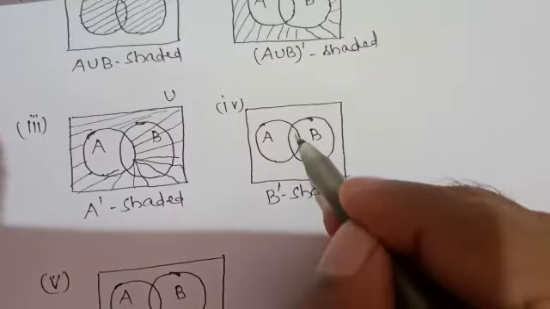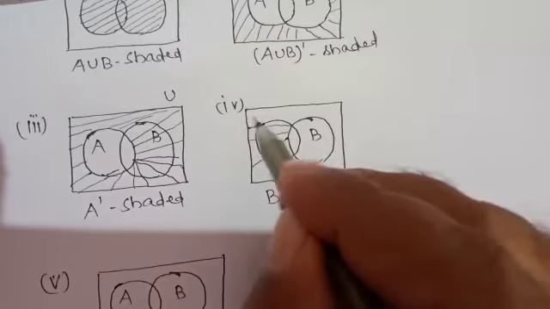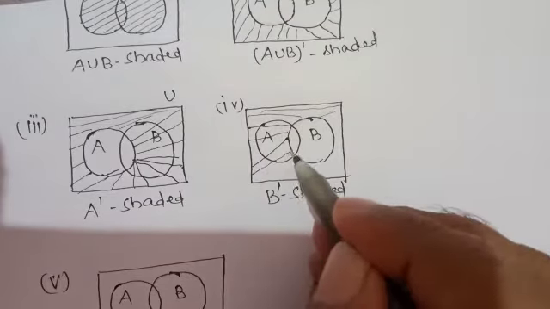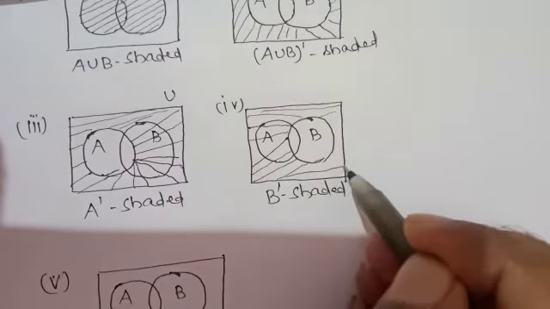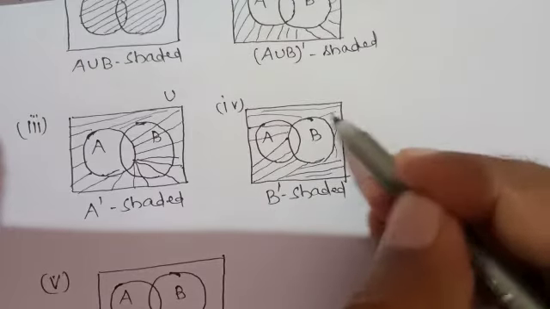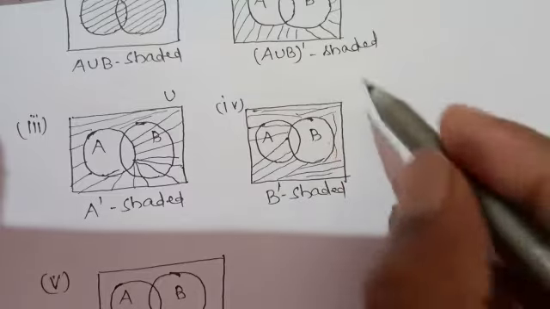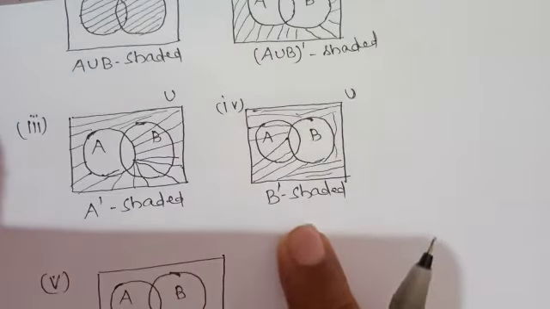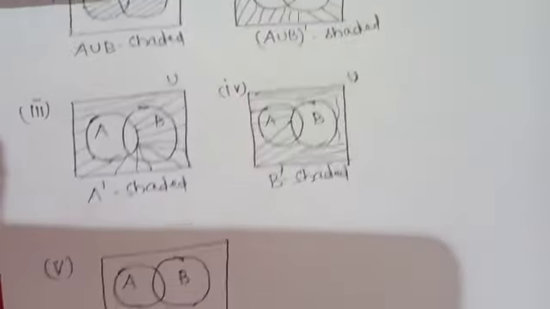B complement means those parts of the universal set which are not in B. So this is B complement. We must write below the figure that B complement is shaded.